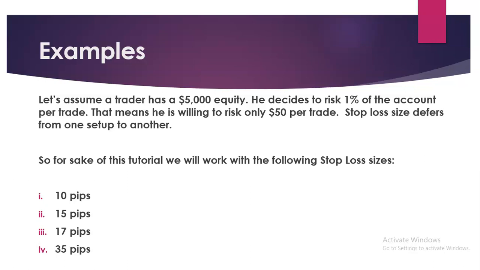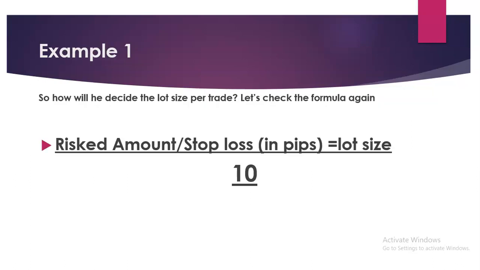So for the sake of this tutorial, we're going to be taking these 4 examples, using these 4 different stop losses. Okay, now in example 1, how will he decide the lot size per trade? Risk amount divided by stop loss in pips, and of course you divide that by 10, and that's going to equal your lot size.